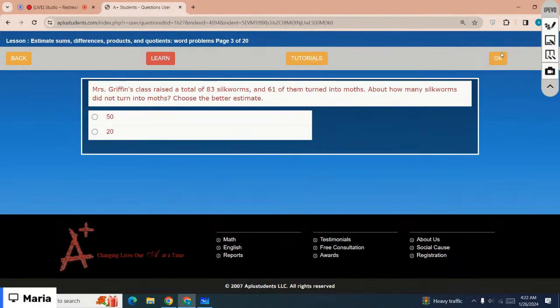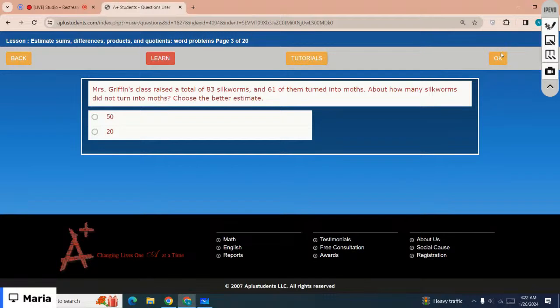Mrs. Griffin's class raised a total of 83 silkworms and 61 of them turned into moths. About how many silkworms did not turn into moths? Choose the better estimate. So, which is the correct option? They are the estimated answers, not the exact answers, right?